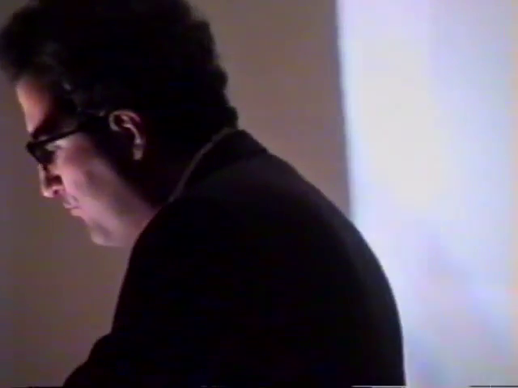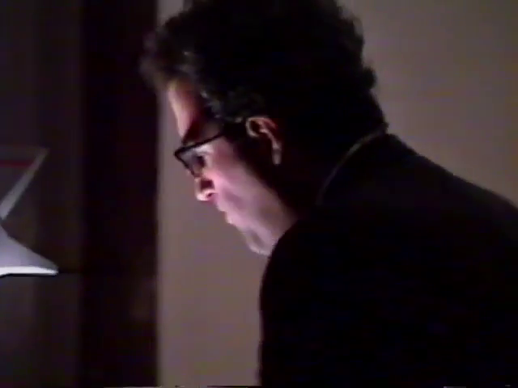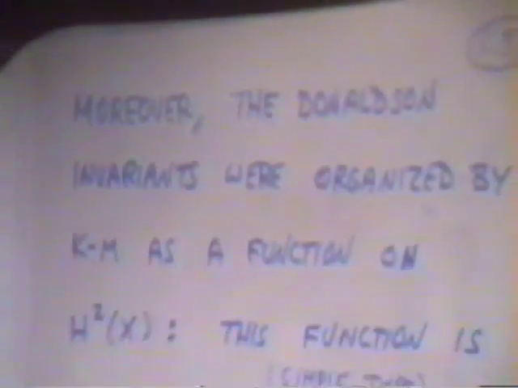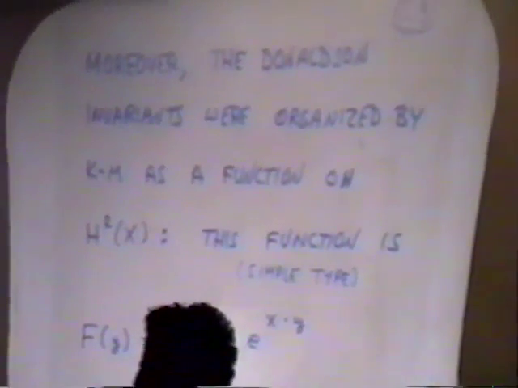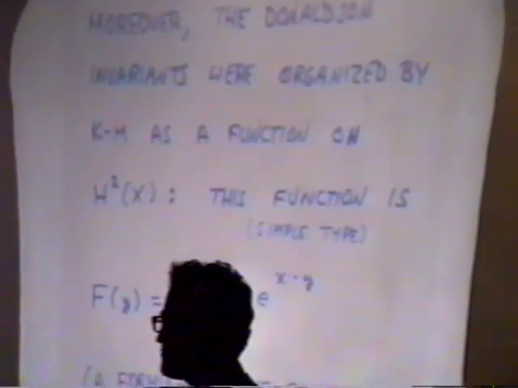Now, the main relation to the basic classes is the following, and this will also be the main statement of how this story is related to Donaldson theory. Well, the Donaldson invariants were organized by Kronheimer and Mrowka as a function on the second cohomology.